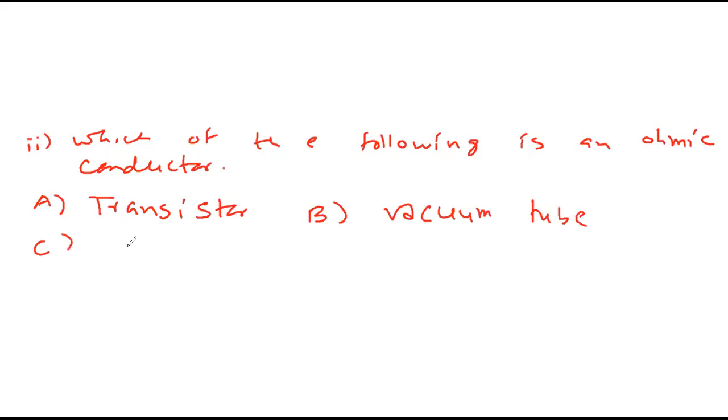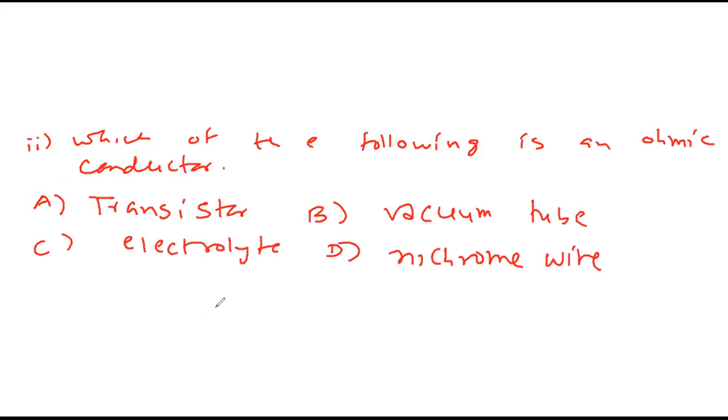All metals, they obey Ohm's law. Out of this, which is a metallic wire, can you predict? Electrolyte is not a wire. Electrolyte is liquid.